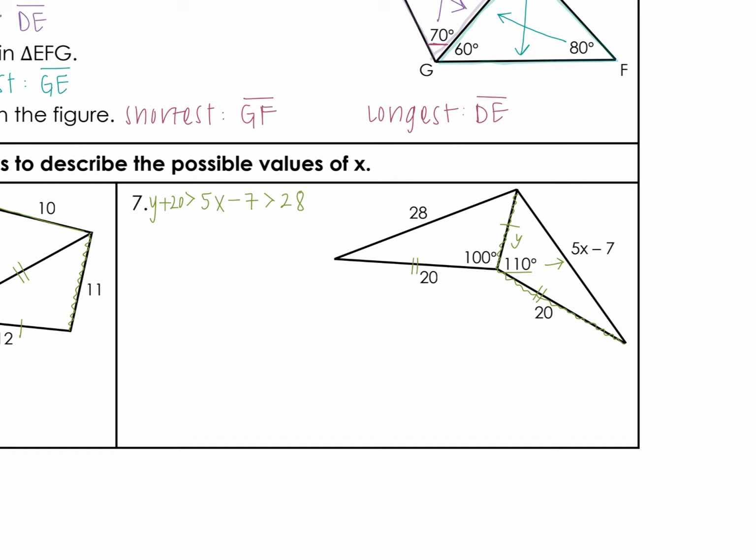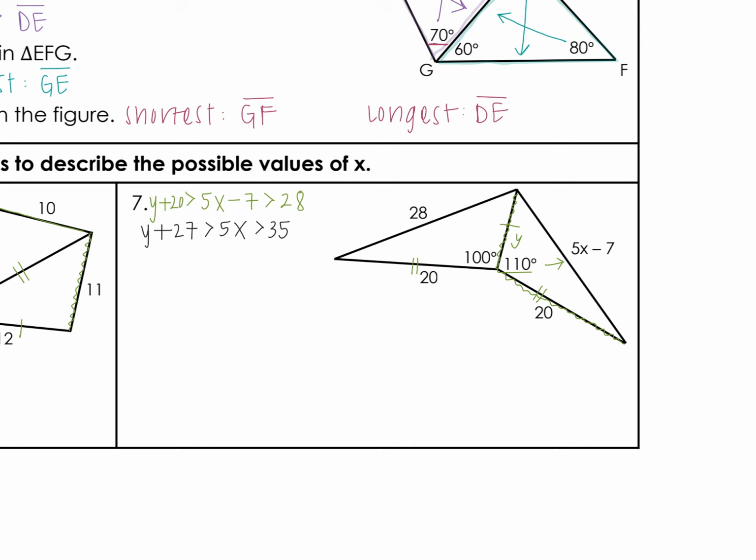Okay. So now that I have that in there, I need to go through and I'm going to solve for that x, okay? And so doing that, I'm going to add that 7 to both sides. So I'm going to get y plus 27 is greater than my 5x, which is going to be greater than my 35 that I get when I add that 7 to the 28.